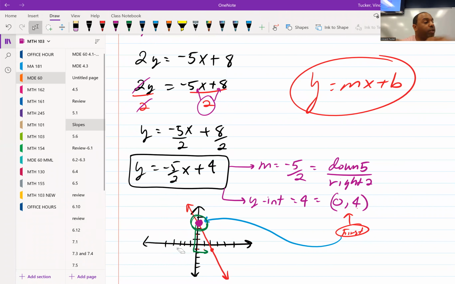And then same procedure: graph your ordered pair first, which is 0, 4. And then from that point, you go down 5 and then right 2.